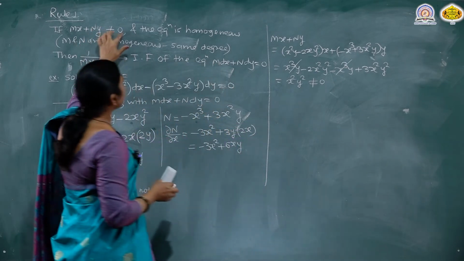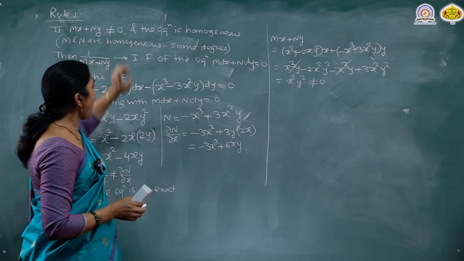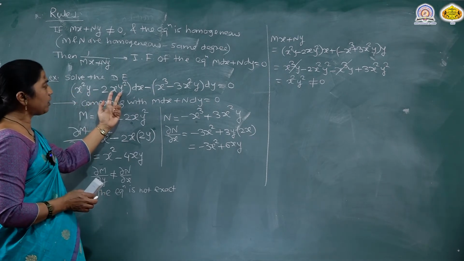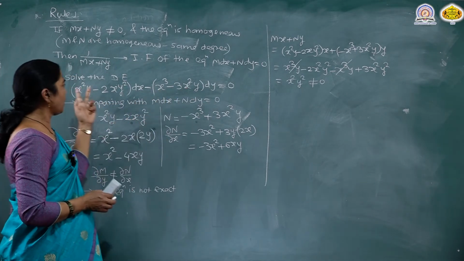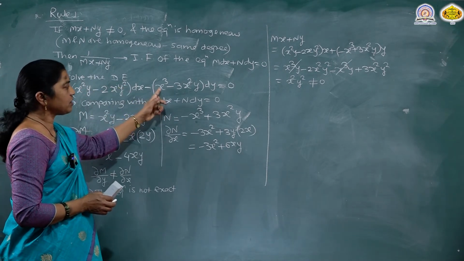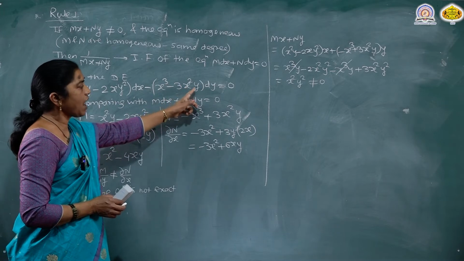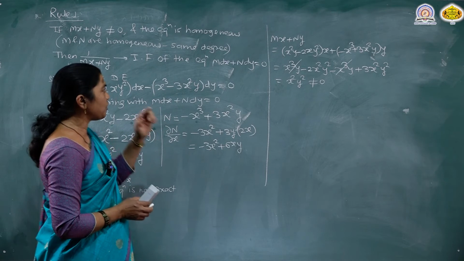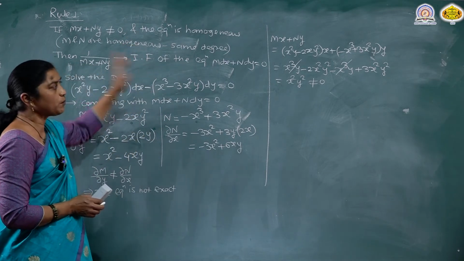So Mx plus Ny is not equal to 0 and the equation is homogeneous. Observe that every term has degree 3: x²y, xy², x³ and x²y each have degree 3, so the equation is homogeneous of degree 3.